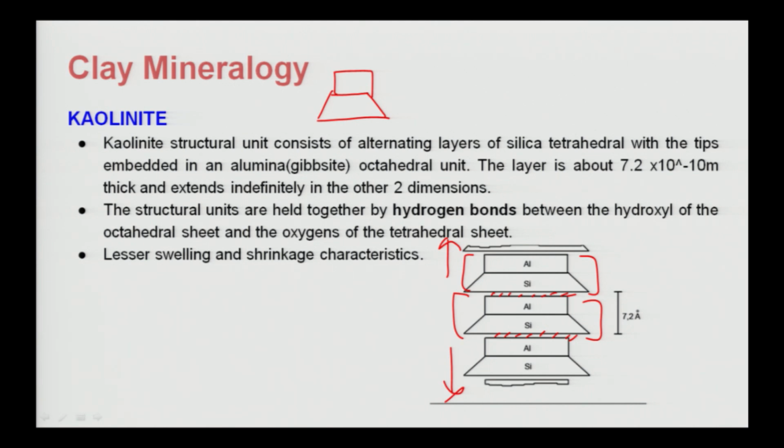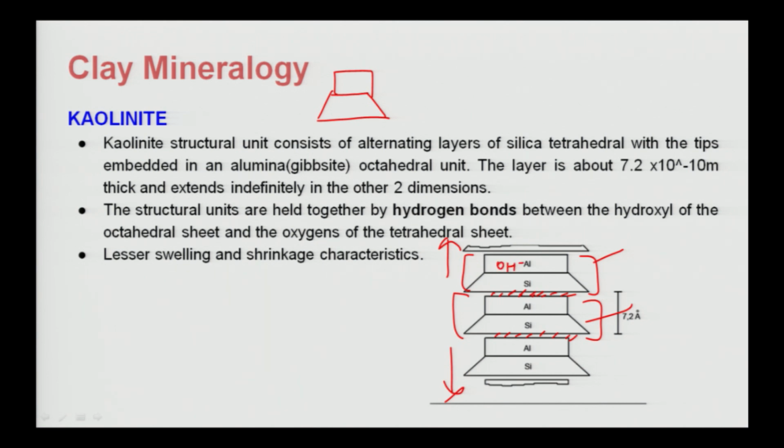The layer is about 7.2 × 10 to the power minus 10 meters, that is 7.2 angstroms thick, and it extends indefinitely in the other two dimensions, as we saw here that they can extend in both the directions. The structural units are held together, one by another, due to the hydrogen bond between the hydroxyls, OH minus, of this one.